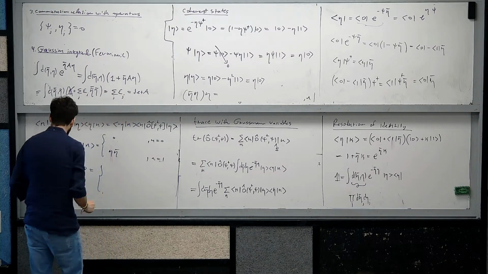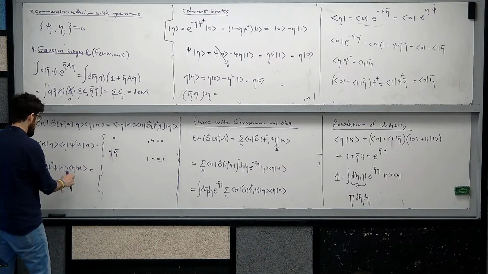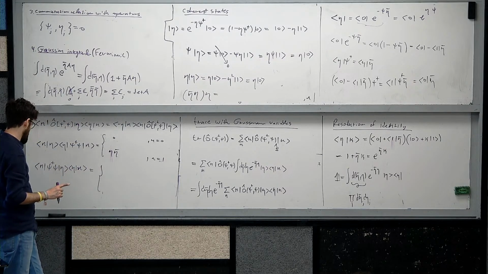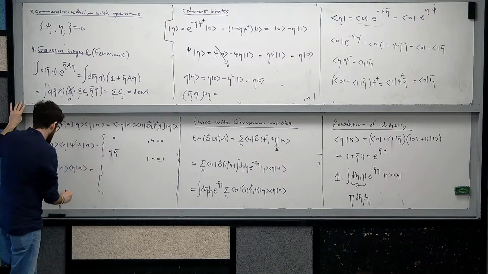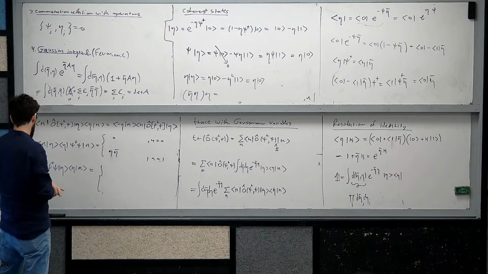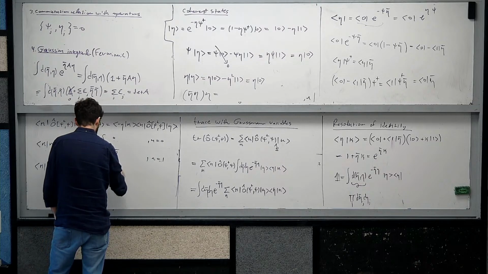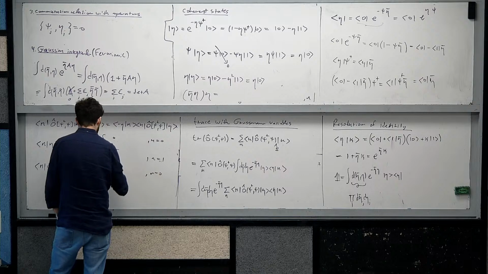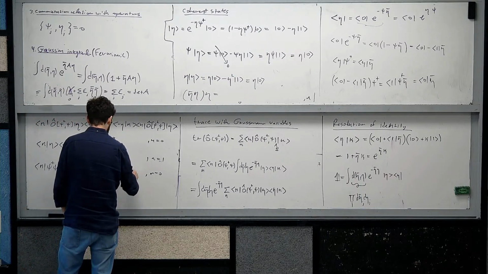Now let's do the other one. This one only chooses the... so if n is equal to 0, I have 0 psi dagger psi times eta.